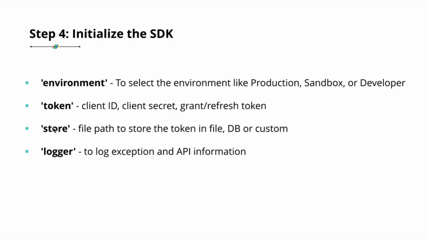That is where the store comes into play. This store will have the path of the file where you want the SDK to store the tokens. We have different persistence methods: file persistence, DB persistence, and custom persistence. Next comes the logger. The logger is to log exceptions and other API information.